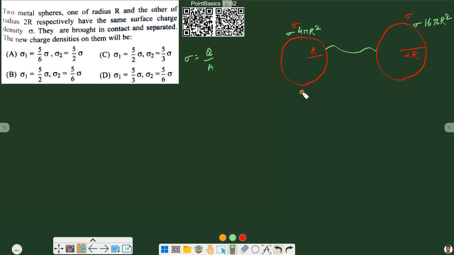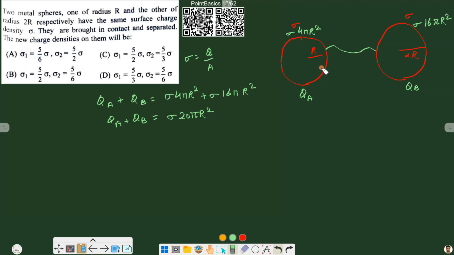Now suppose the final charges are QA and QB. From our statement that the total charge remains conserved, QA plus QB should be equal to sigma 4 pi r square plus sigma 16 pi r square, which equals sigma 20 pi r square. So QA plus QB is equal to this value, and QA and QB are the final charges of both of these spheres.